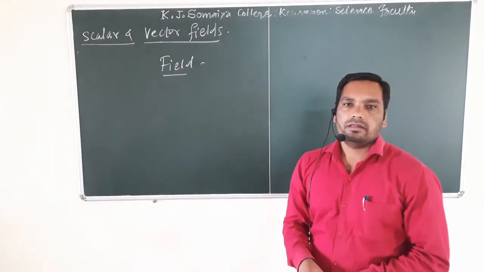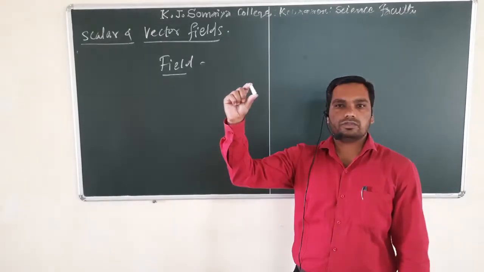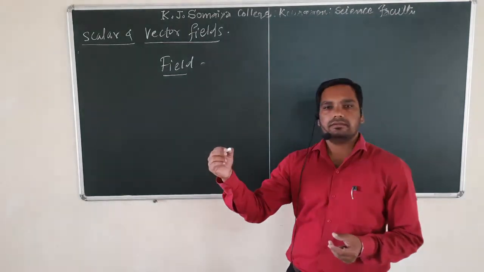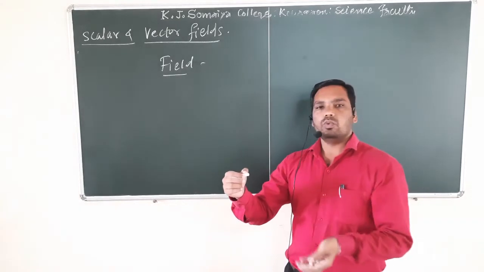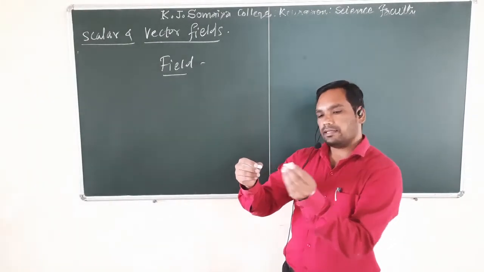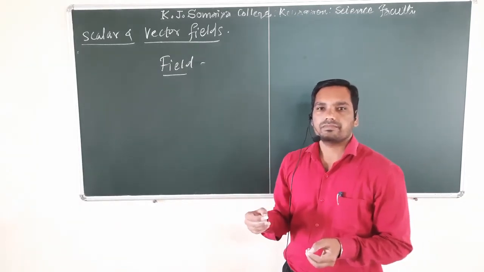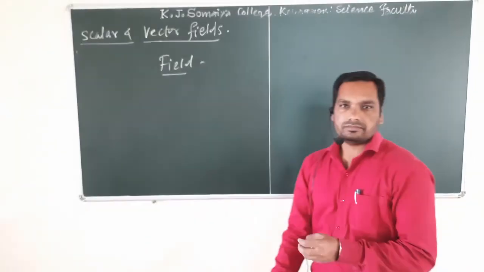Suppose you have a bar magnet. If you put the bar magnet like this, and if you take another bar magnet toward this magnet, then we know that this bar magnet attracts the other bar magnet if the poles are north and south.